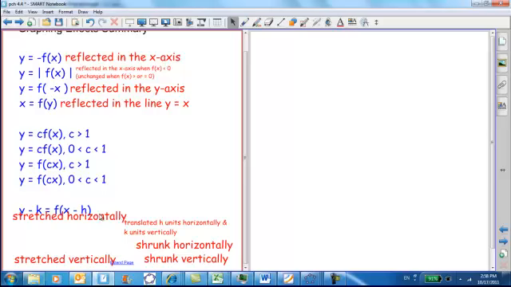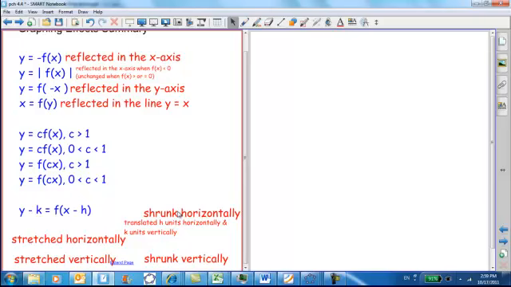But when f of x is greater than 0, you ignore the absolute value. Now, stretching and shrinking. This is always kind of confusing. Let's see if I can't clear it up for you here. First of all, y equals c times f of x is going to be an effect on the y because you're multiplying outside the functional notation. When c is greater than 1, it's going to be a stretch vertically.